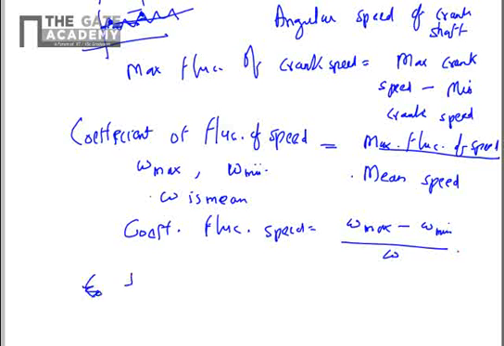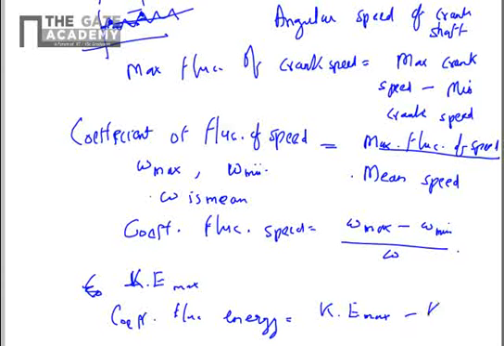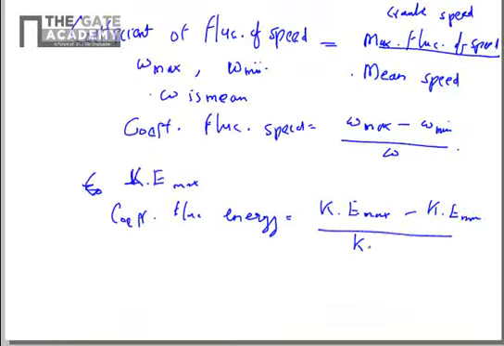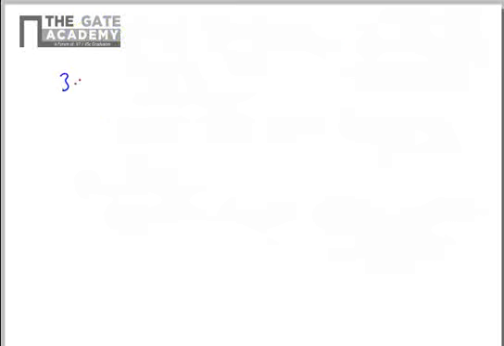Similarly, for energy, let's say the kinetic energy, KE max, so for energy the coefficient of fluctuation of energy is equal to KE max minus KE min divided by KE mean, which is straightforward to follow. So mean KE is work done per cycle per unit time.